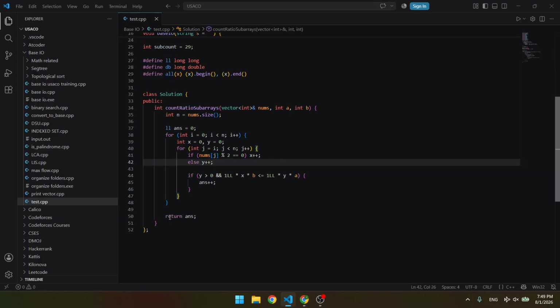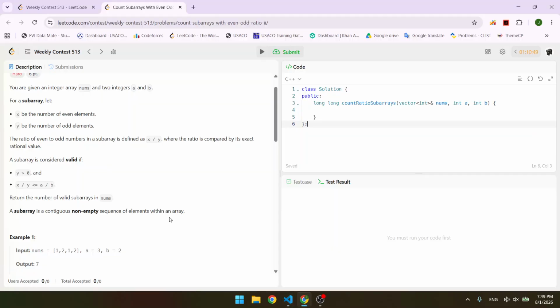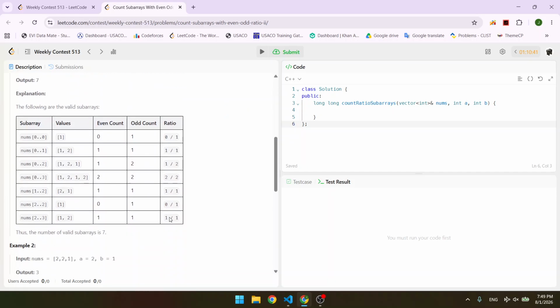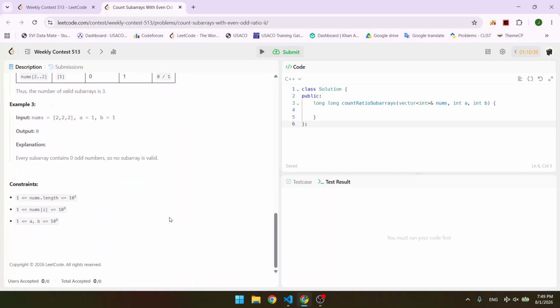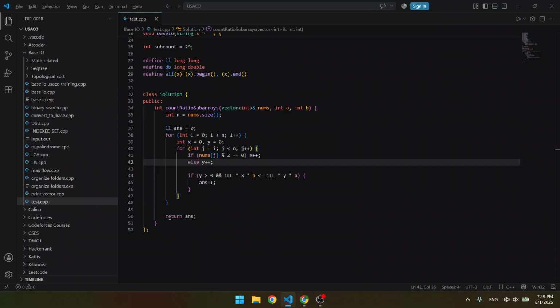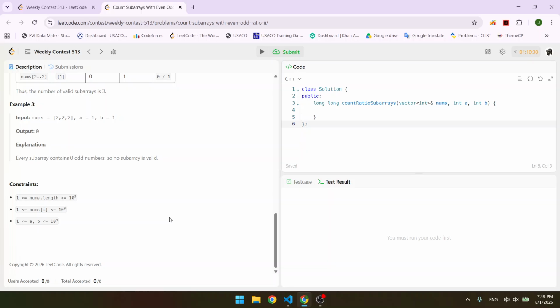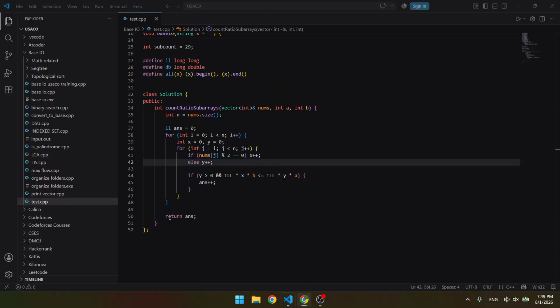You need to find it in O of N. Nums.length and nums.